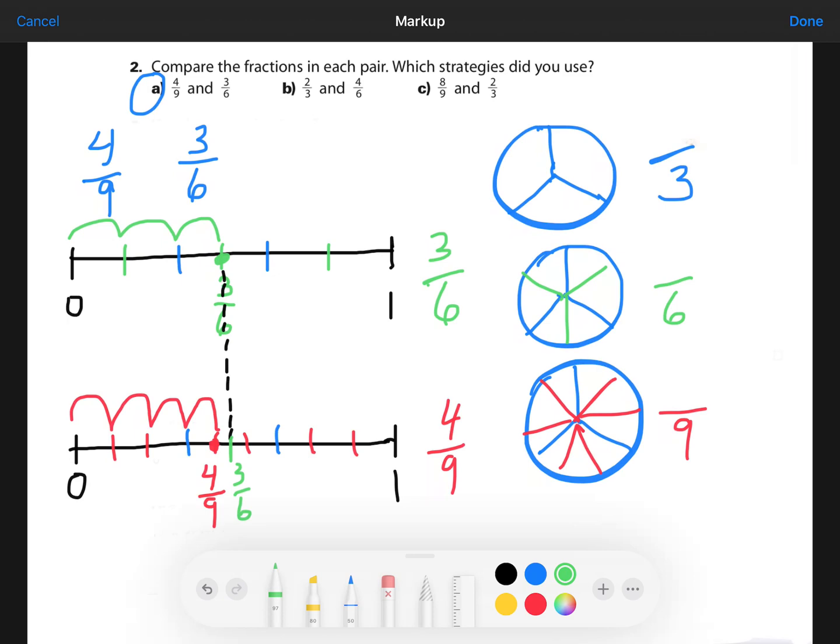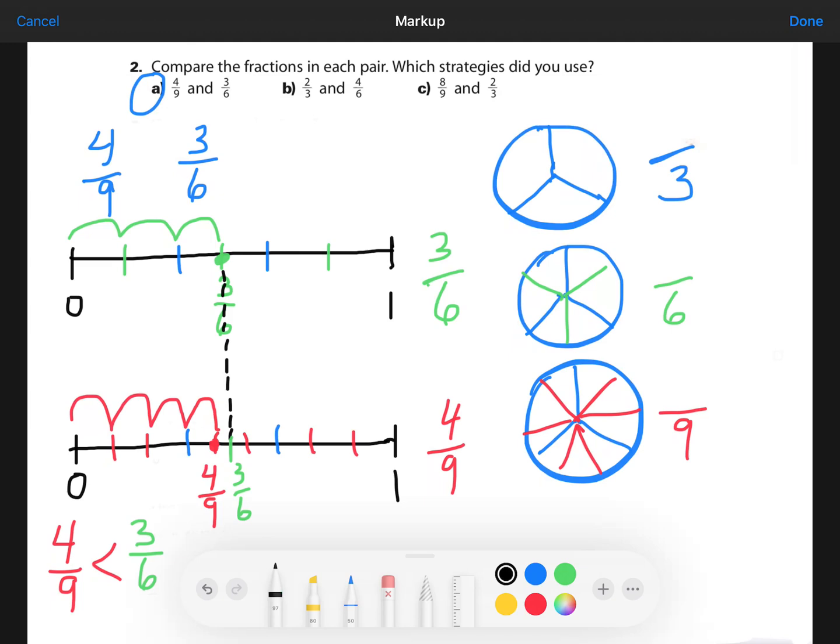And I can tell now that 3/6 is greater than 4/9, or if you prefer to go in the order of the question, 4/9 is less than 3/6. You don't need to write any sentences or anything like that. Really, the dotted line, the loops, the labeling, everything is there that you need. And that's how you would use a number line.